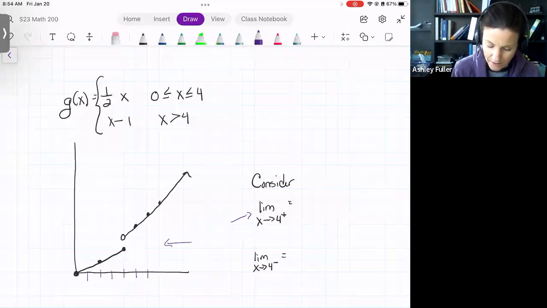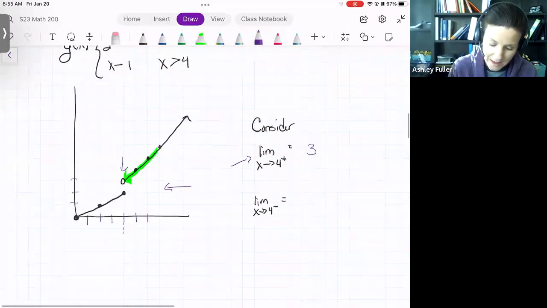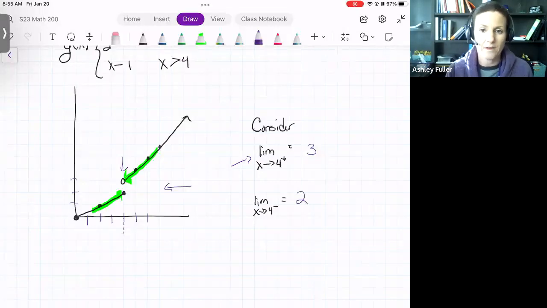So we're coming in this direction, and we want to get closer and closer to a value of 4 for x. So we're going to travel down the function until we reach 4. And from the right, you're going to see that the value the function approaches is a y value of 3. But notice the function does not actually equal 3 when x is 4. And you can see that in contrast, if we approach x equals 4 from the left, the function actually approaches a value of 2.